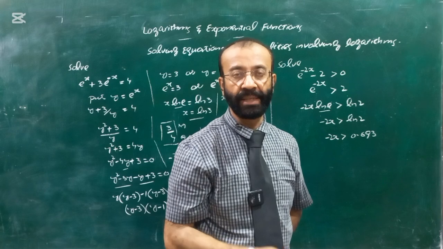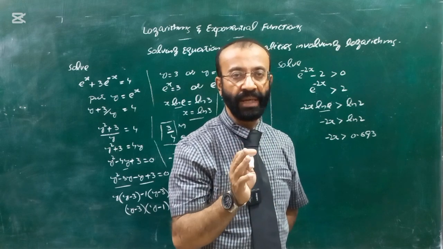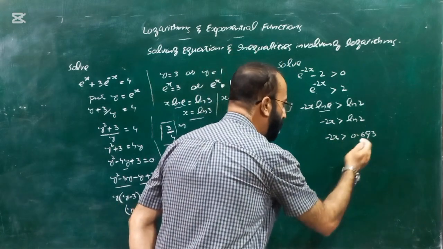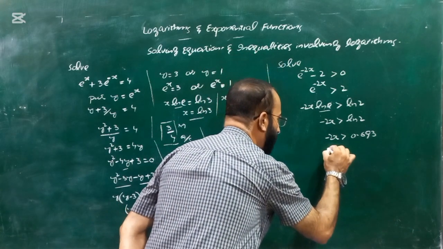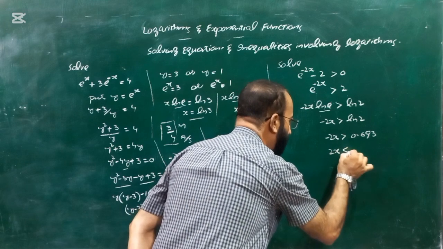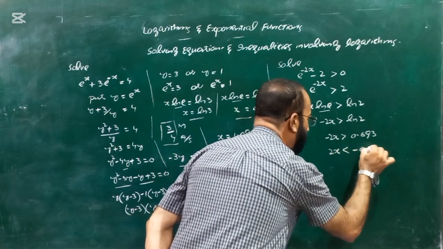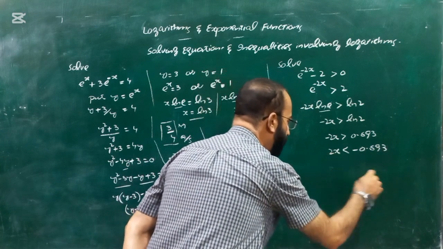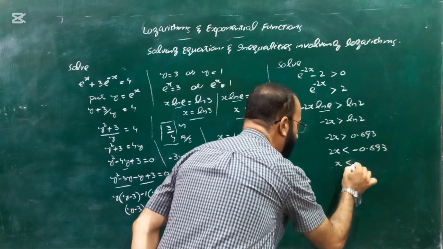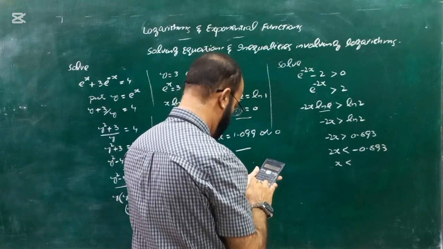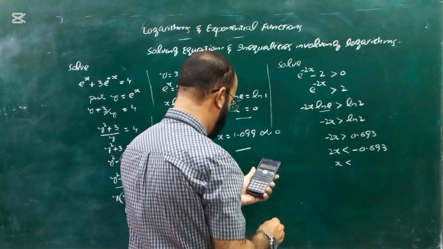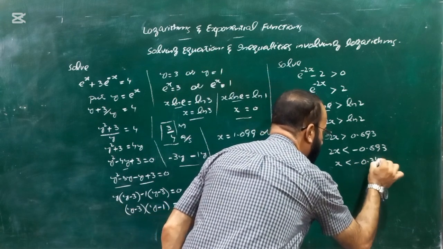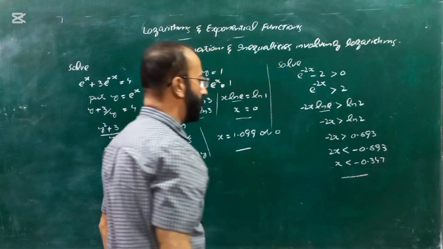In inequalities there is a rule: if you multiply both sides with minus sign, the sign will be reversed. So look, now we are going to multiply both sides with minus sign, so here will become 2x. So this sign will be reversed, and this will become minus 0.693. At this step, 2 will go to the right side and will give us the answer 0.347. So this is the answer.